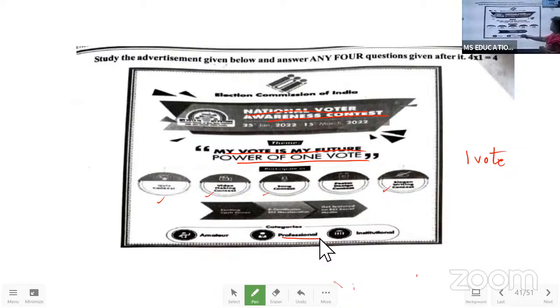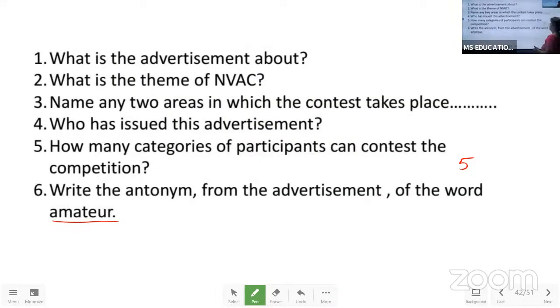An amateur is a person starting from the beginning who is not trained, while a professional is highly trained in that particular field, through institutions, whether it's schools and colleges. So amateur means professional here.